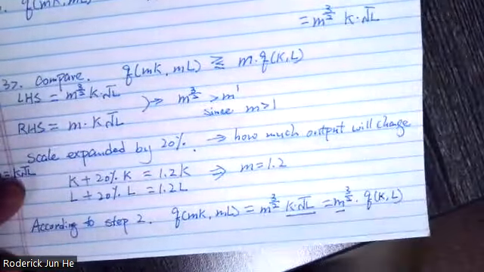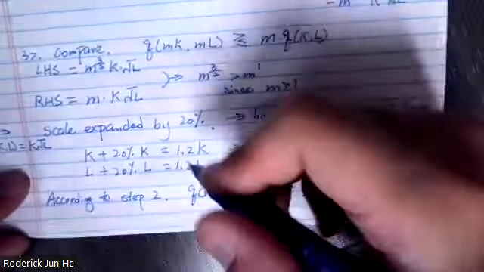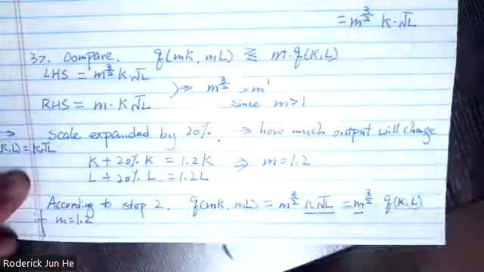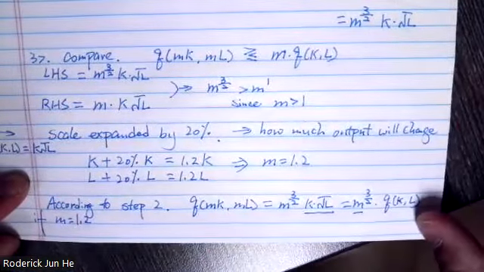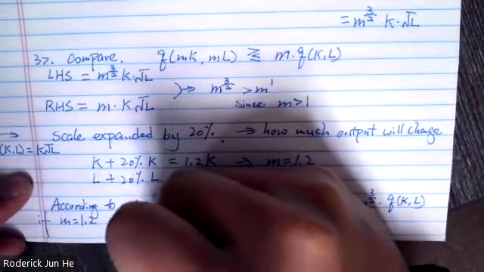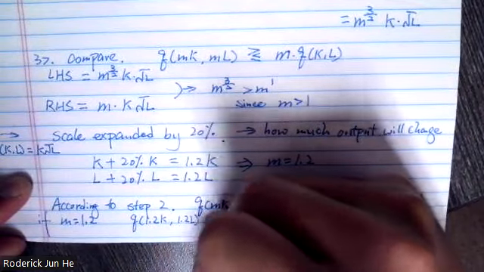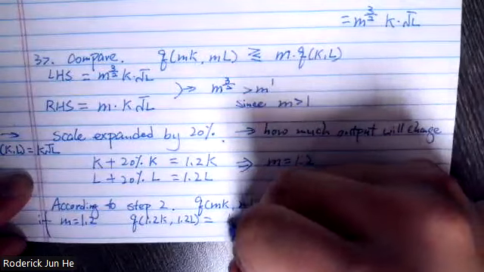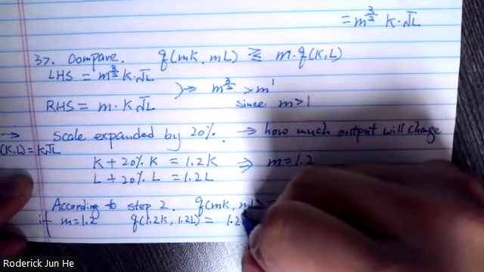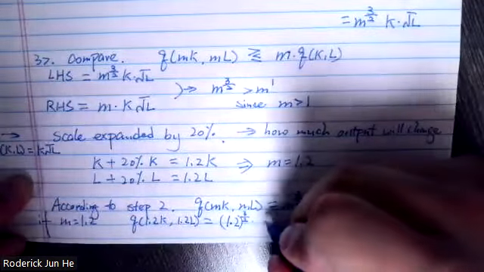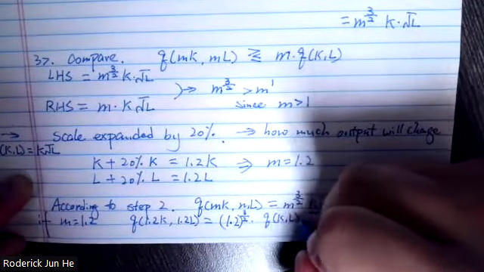Then you just need to plug it in. So if M equals 1.2, according to this question, then Q(1.2K, 1.2L) should equal 1.2 to the power of 3/2 multiplied by Q(K, L).